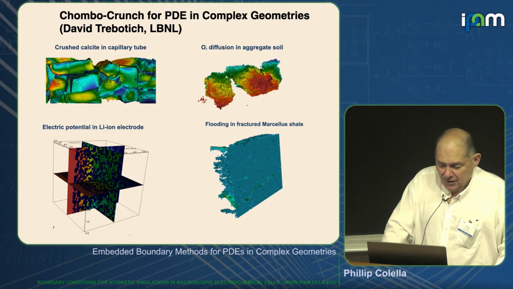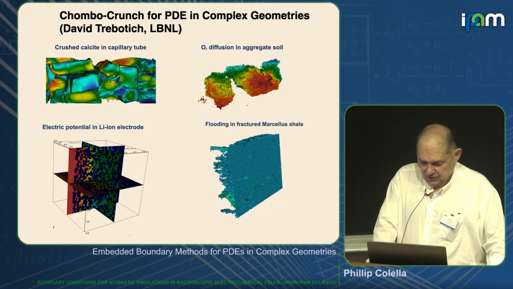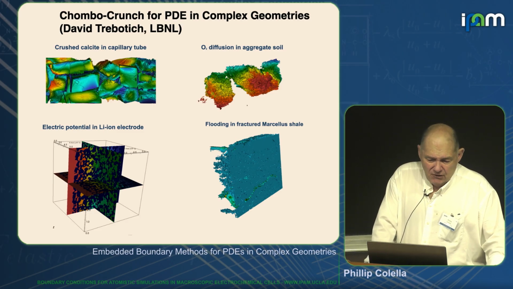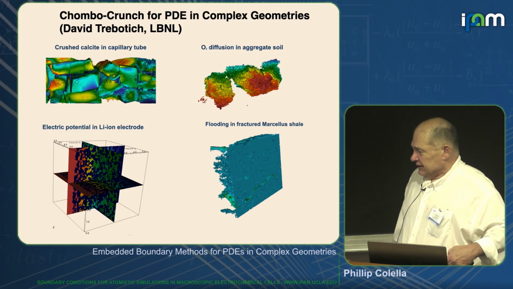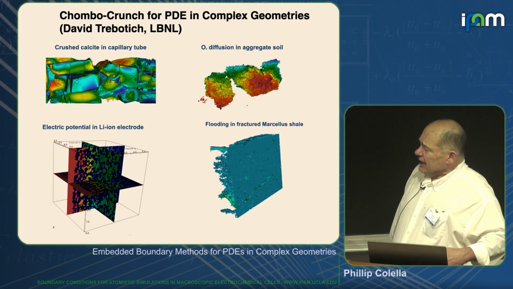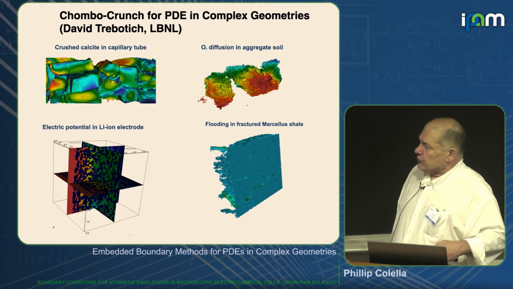Now, this is probably the thing that comes closest to being possibly of interest to people here, I think: solving PDEs in complex geometries, on the micro scale or for very irregular geometries. So here we have flow through a capillary tube filled with crushed calcite.